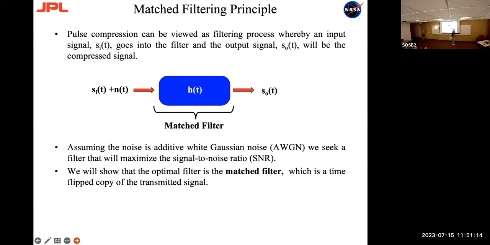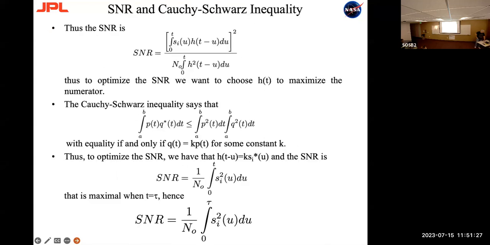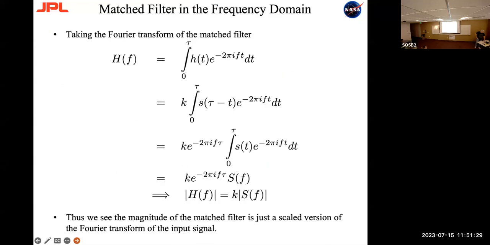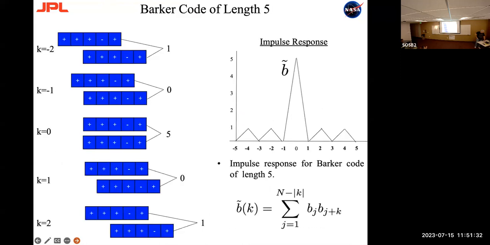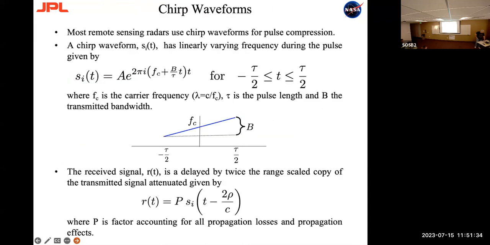So we basically have our waveform, that is our filter, that forms our matched filter. We do the convolution, and that allows us to improve our range resolution. Again, I won't go through the math because it takes a little bit of time, and not everybody is probably up for it just before lunch anyway.